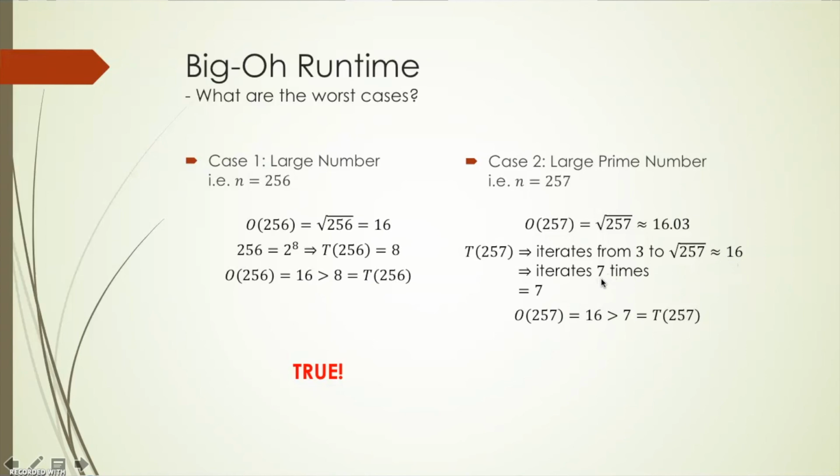And in this case, it iterates 7 times. So there are 3, 5, 7, 9, 11, 13, and 15. Therefore, the T of 257 equals 7. So the O of 257 equals 16, which is greater than the T of 257 equals 7. And in this case, it is true.